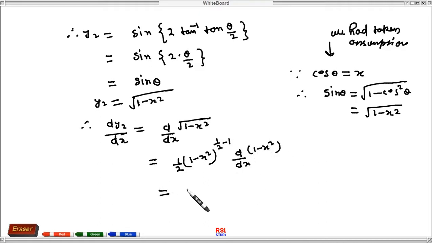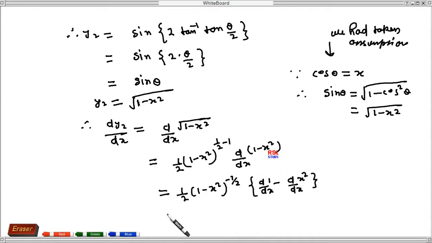The derivative of 1 is 0, and d/dx of minus x square will be minus 2x.